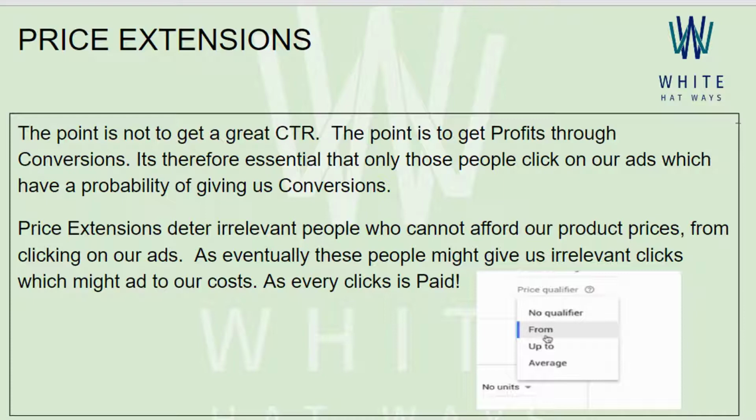So as in this case, I would not have bought this particular laptop of 70,000, and I was resisted through this price extension which deterred me from clicking. As it is, I would not have paid 70,000 rupees and the advertiser might have gotten the additional cost of an unnecessary click by me. So this is what it says, that the point is to make profits.